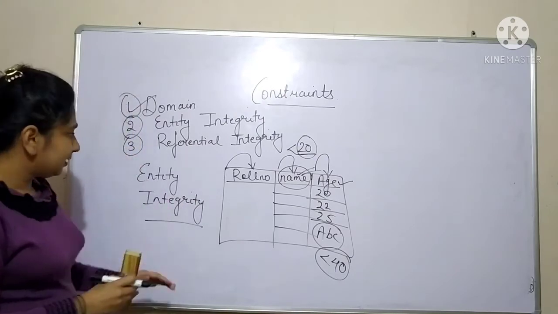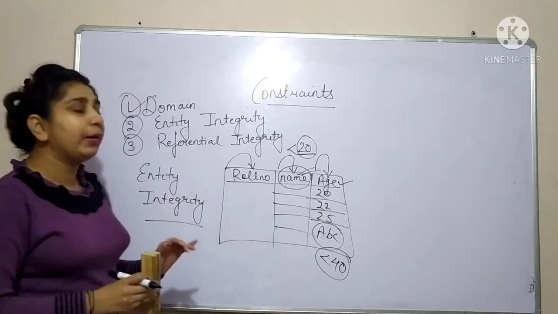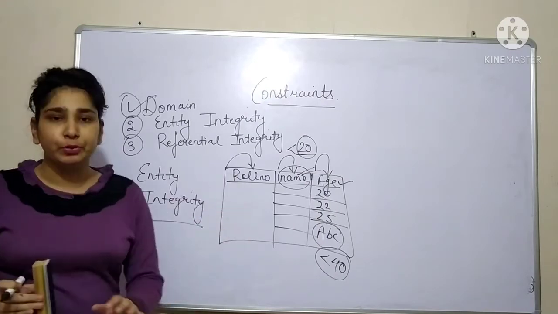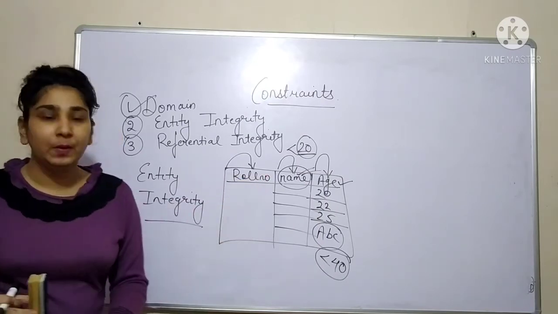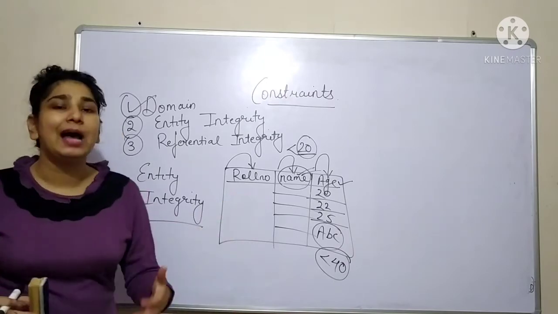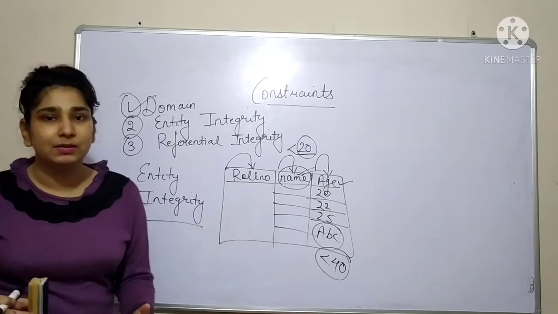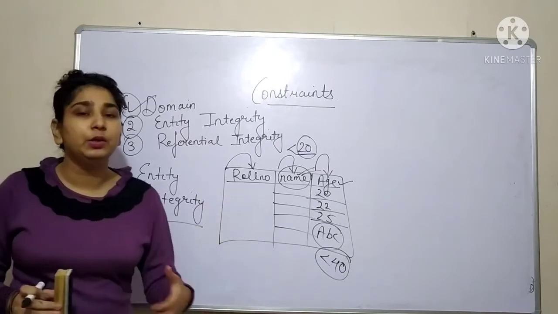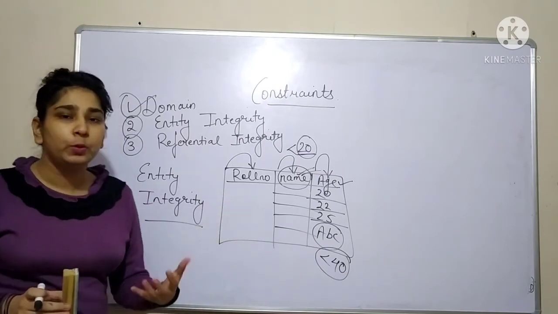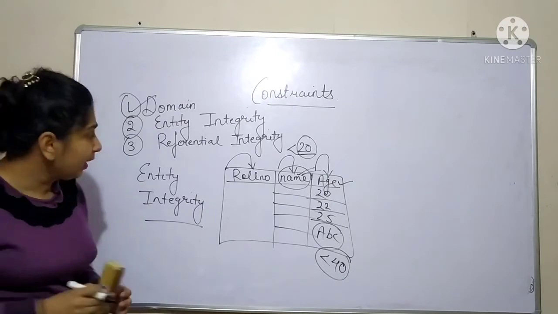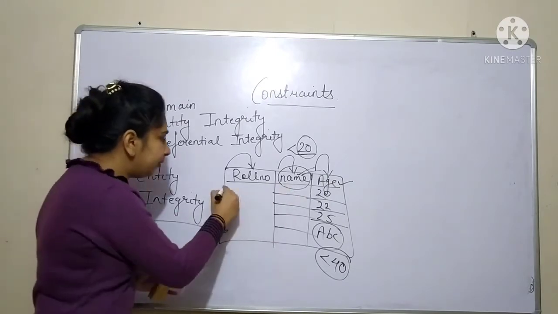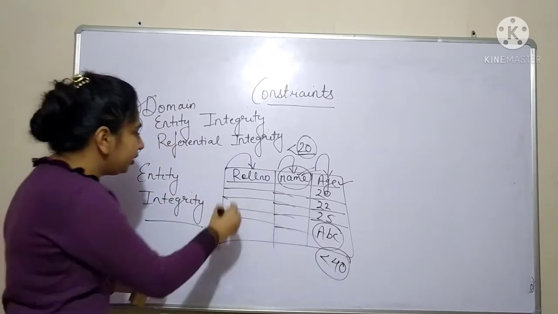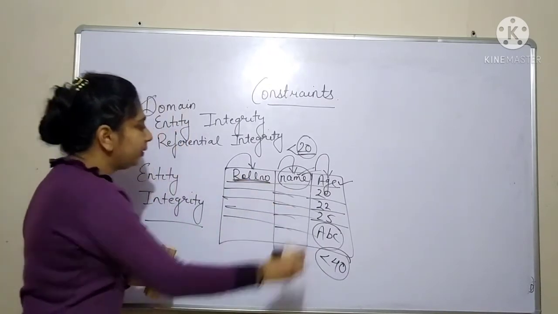As I already told you, we should have a key attribute in our table for good design of the database. If you are not using keys in your table, then your database design would be poor. In this table, roll number is your key attribute.